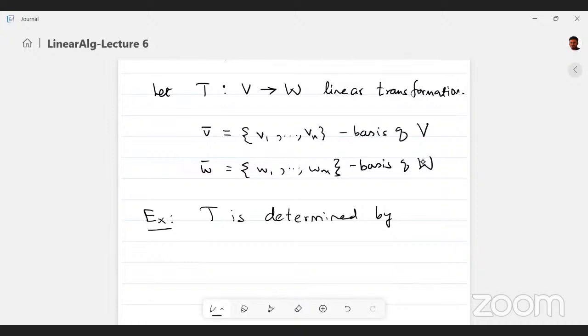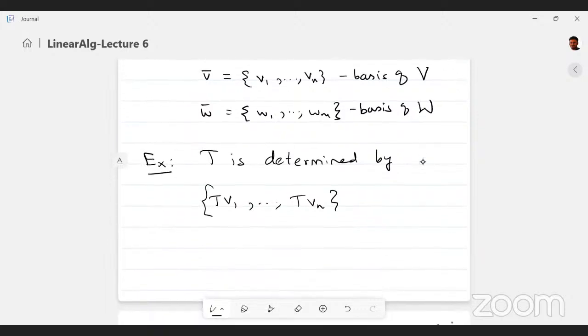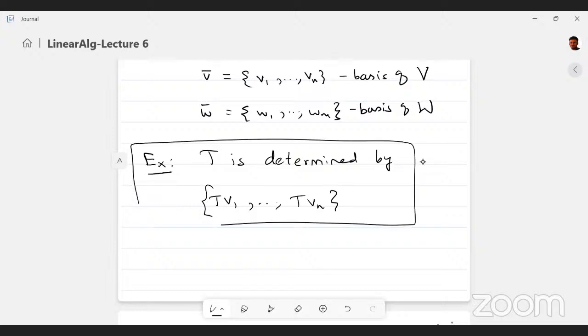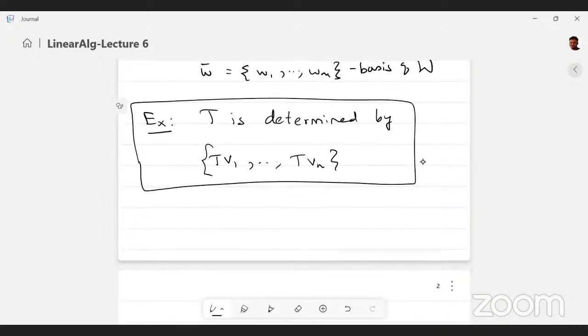That means the values TV1 through TVn. To say what these values are, we can use the basis of W and write them in terms of the Wj. I leave this as an exercise; it follows from linearity.